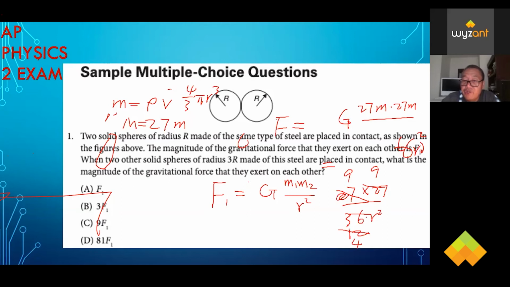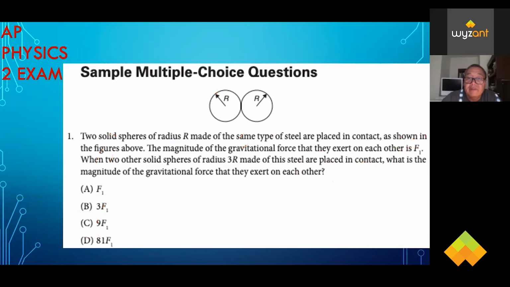The original distance between these two balls is 2r, so 2r in parentheses squared is 4r squared. So then you get 9 times 9, that's 81. So the answer is D, okay? This is how you solve these problems.